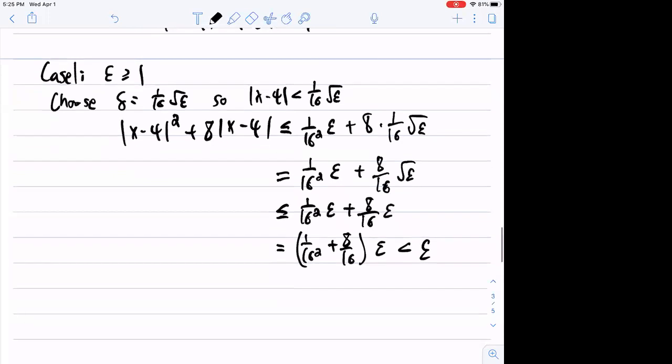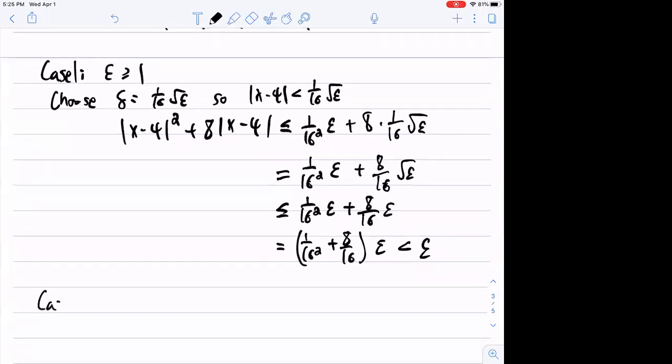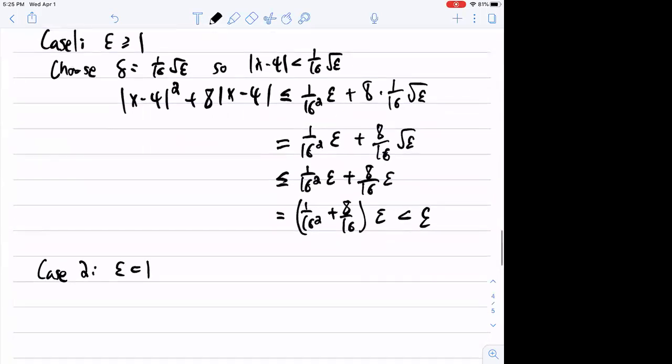For case 2, epsilon smaller than 1, it's the same idea. I would choose delta to be 1 over 16 epsilon.